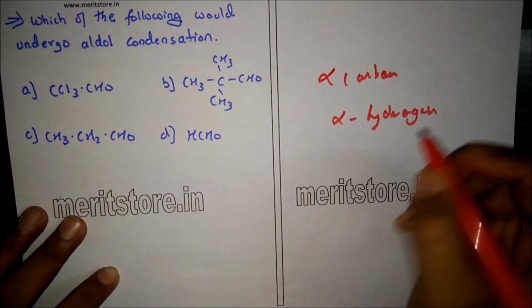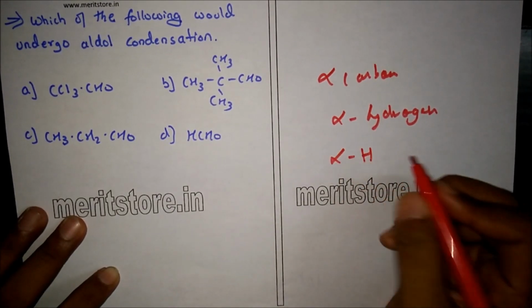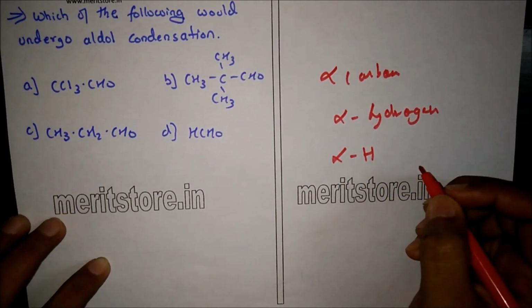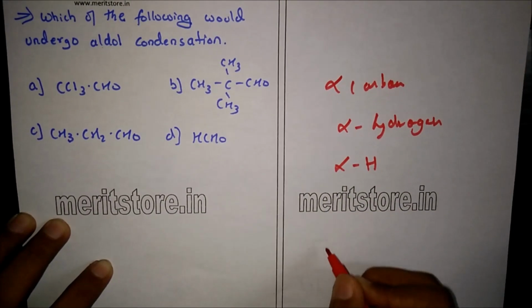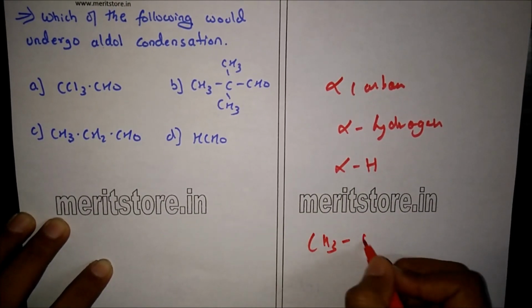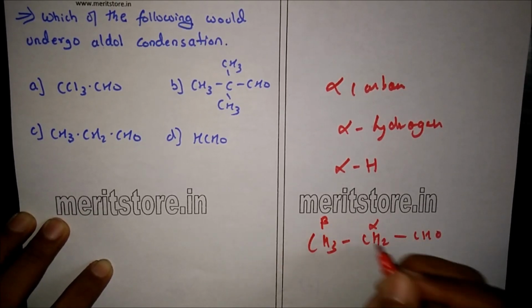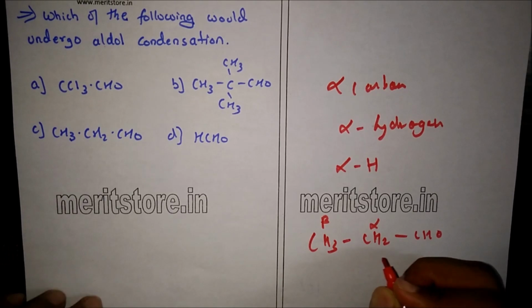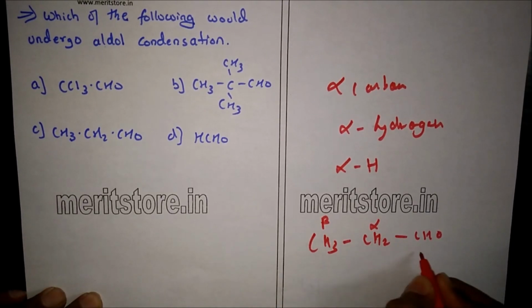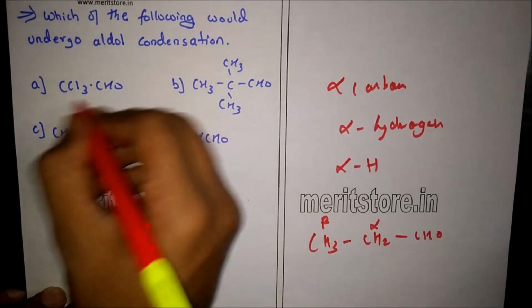Aldehydes having alpha hydrogen atoms can participate in aldol condensation. That is the rule for aldol condensation. However, in option C, which is CH3CH2CHO, the alpha carbon and the beta carbon also have hydrogen attached. Therefore, this won't undergo aldol condensation. Therefore, the correct answer here is option C.